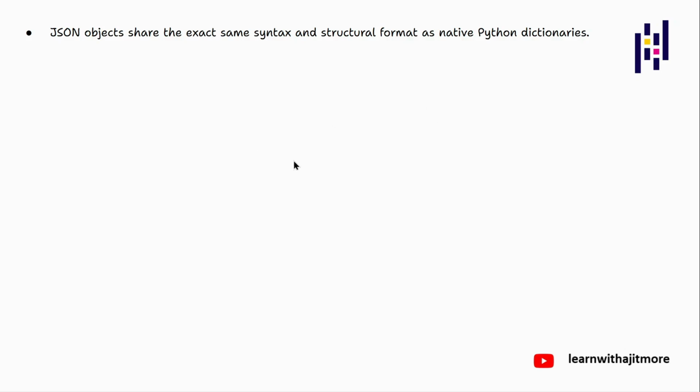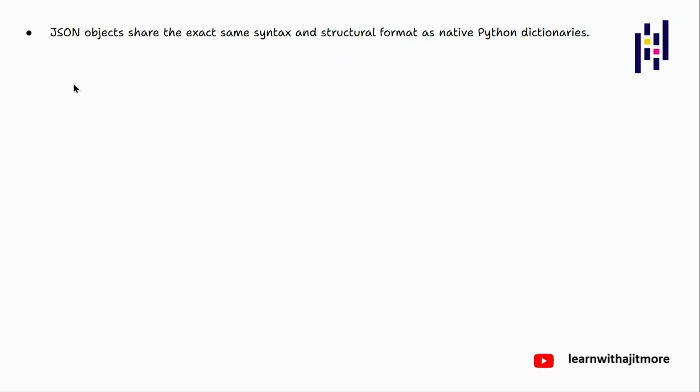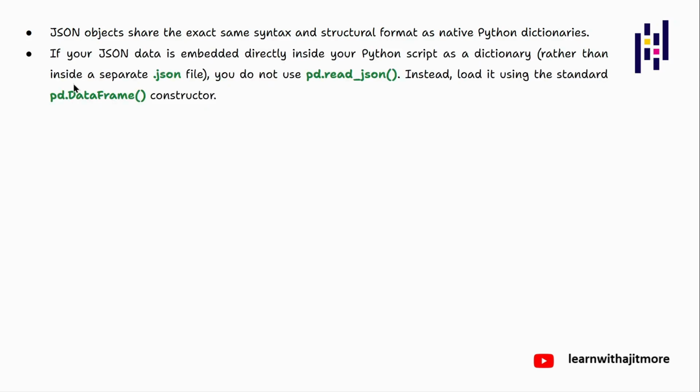If I create a dictionary of lists, it will be exactly like JSON. So instead of a file, if you have a dictionary in your script, it also works the same. Then you don't have to write read JSON.